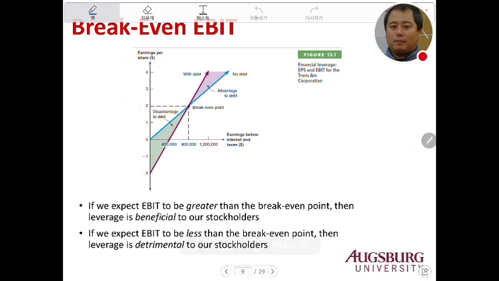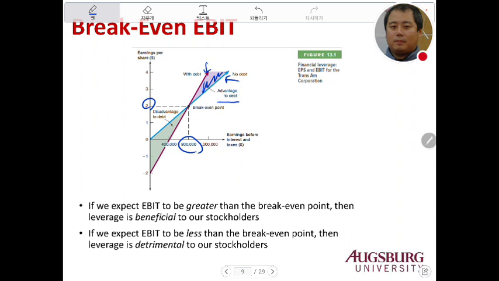We can show the graphics here. The with-debt line is the purple, and the no-debt line is the blue line. And the break-even point is $2 EPS with $800,000 EBIT. And this portion is an advantage to debt.